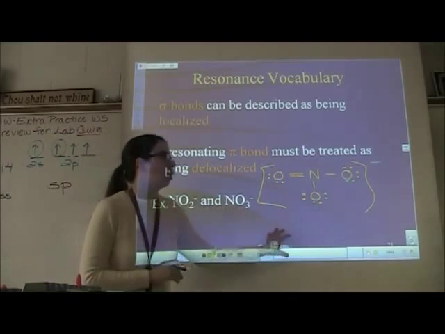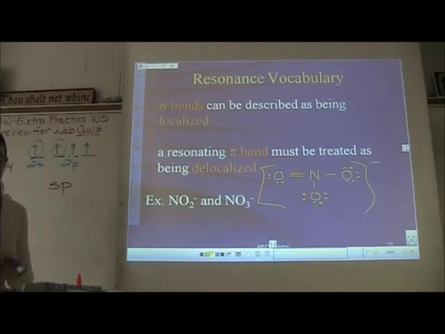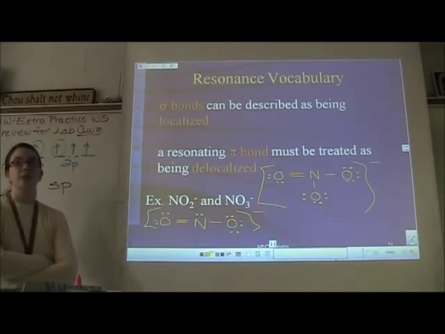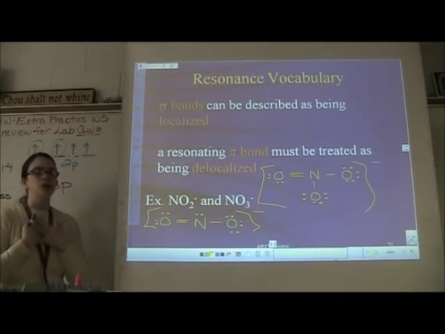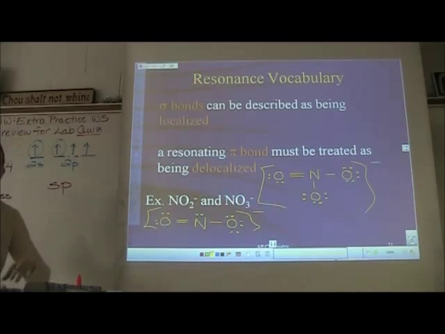You don't need to draw out all 3 structures if the question has nothing to do with resonance. But what if the question asked you between these 2, let me draw this other one out. What if the question asked you NO2- versus NO3-, which has the shorter bond length? That is a resonance issue. And again, don't shoot the messenger. If it's a question of resonance, you must draw out all the structures.